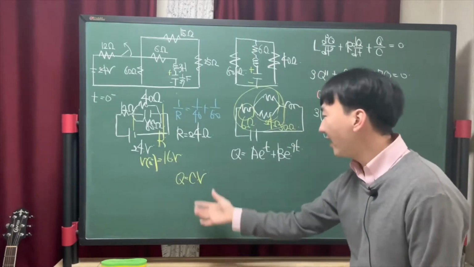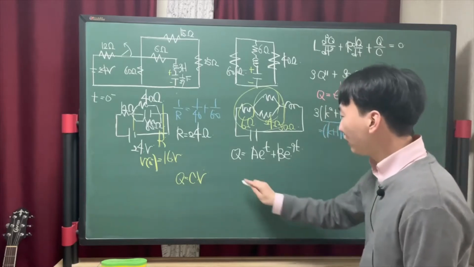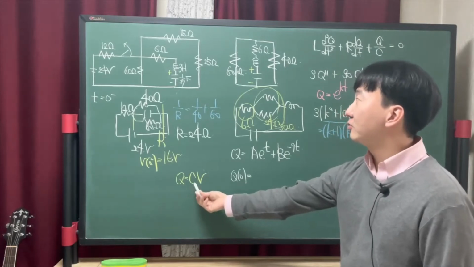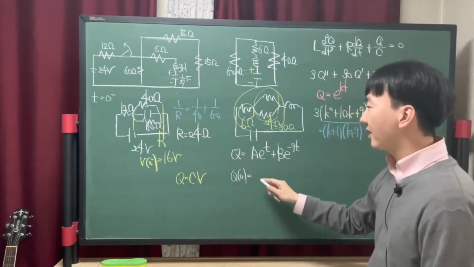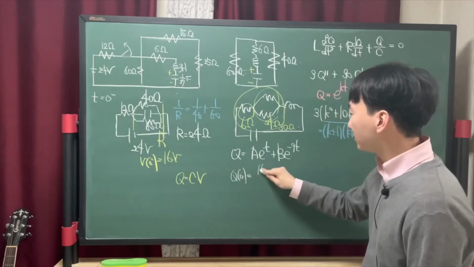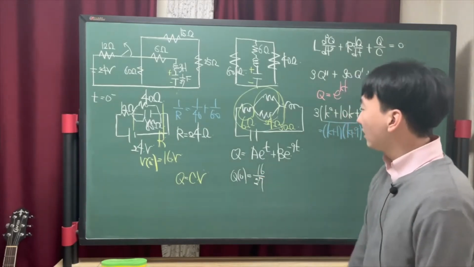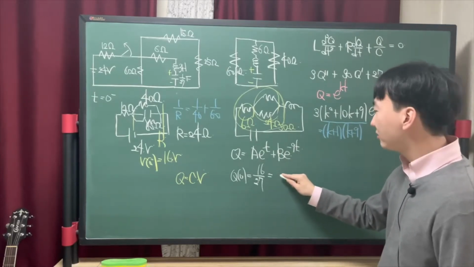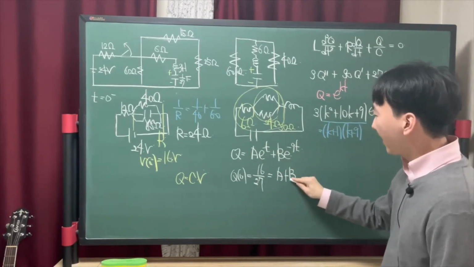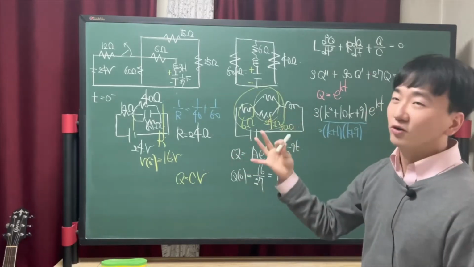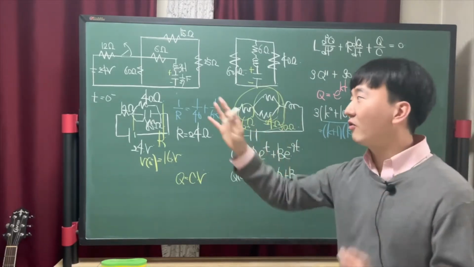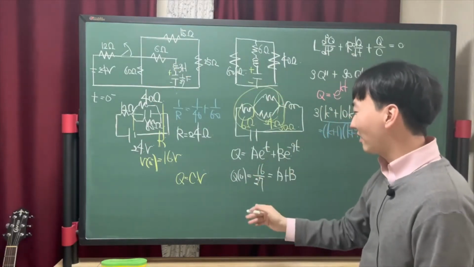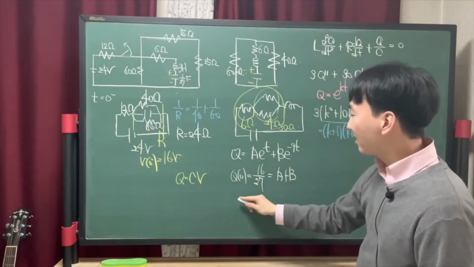And we know the initial charge: the capacitor is 1/27 Farad and 16, so 16 over 27, and this is, if we put t equals 0, then a plus b, and there was no current initially. That was steady state.